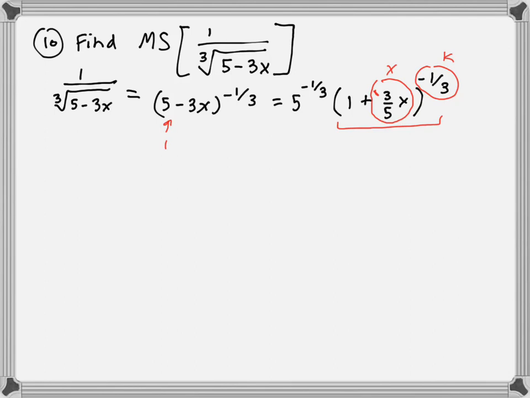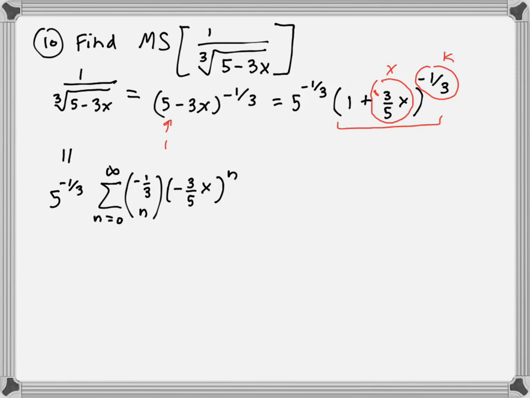And so here's what we get. We get that this function is the same as, I'm going to put the 5 to the negative 1/3 on the outside, and then we've got our series, and then we've got our k, choose n, and then we've got negative 3/5 x to the nth power.